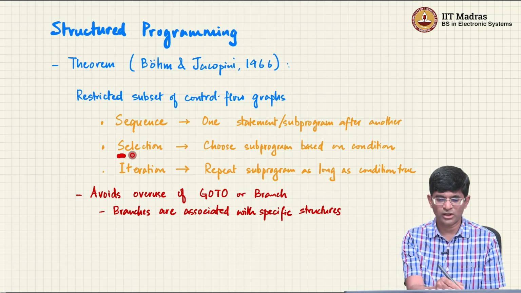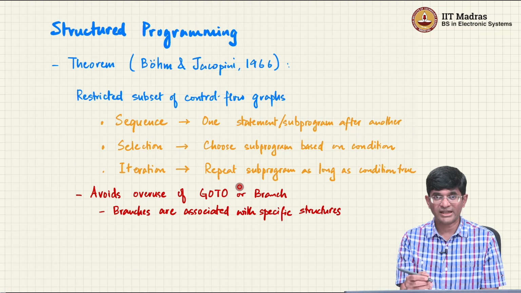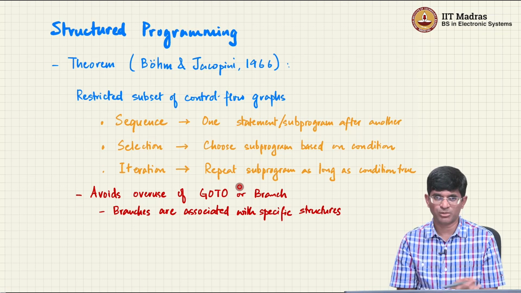One is called selection, where as you proceed through the program, you can choose between 2 different sub-programs based on some condition. So selection essentially means that at some point I might have to decide whether to continue with the sub-program that I am currently at, or whether to switch over to another sub-program and do something else.